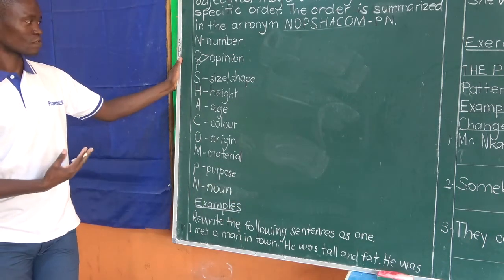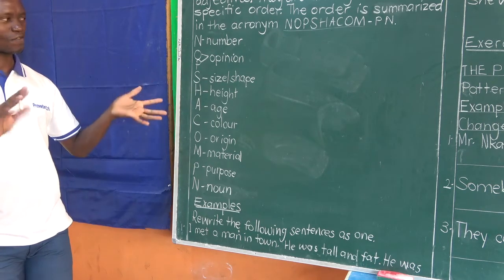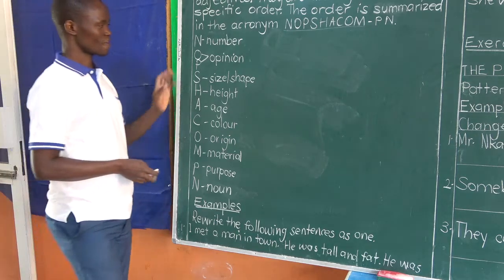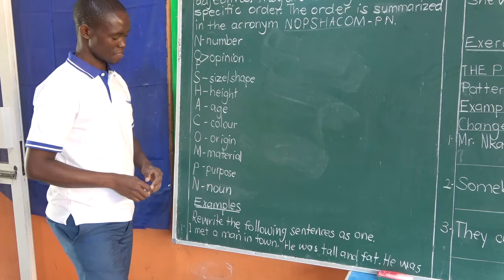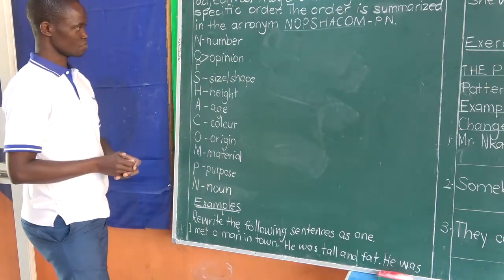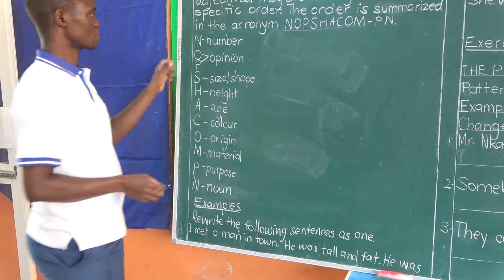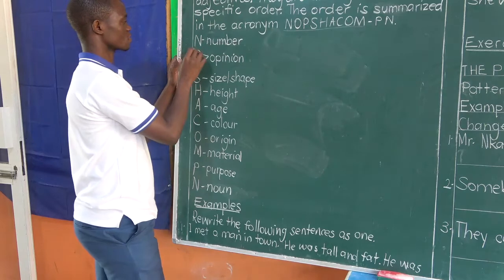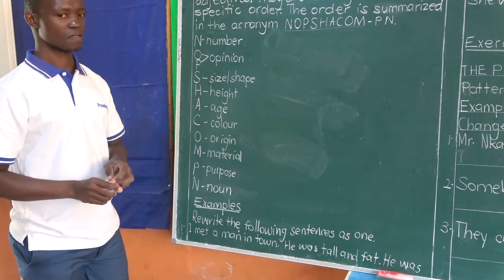Even 10, even 12. But we normally have around 2, 3, 4, 5. I rarely see such numbers that require you to write 9 adjectives in one sentence. However, if it comes, you'll be able to deal with it because the teacher has already explained how we should arrange those adjectives. Let's go back to number.